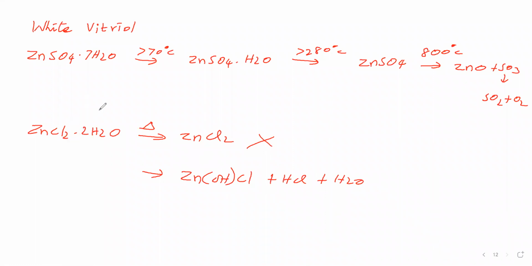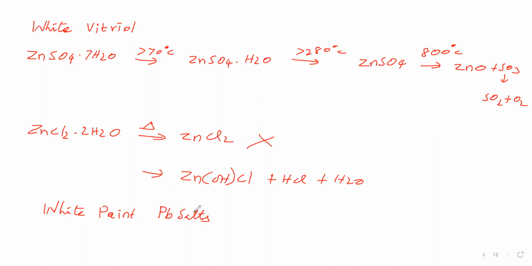Next step. Now we will consider white paint. In white paint, generally lead salts are used. But what is the drawback? Lead salts with the pollutant hydrogen sulfide gas become PbS, which is black.